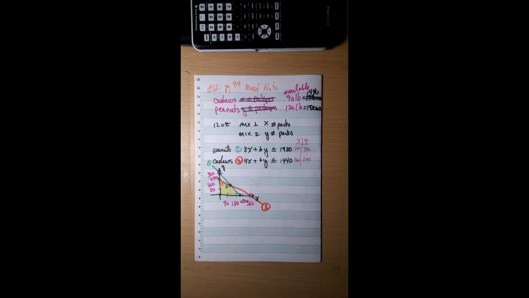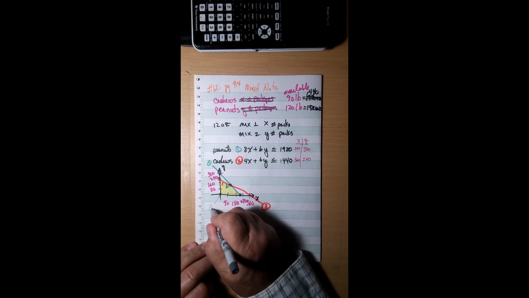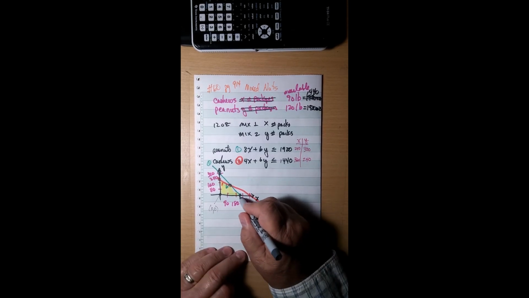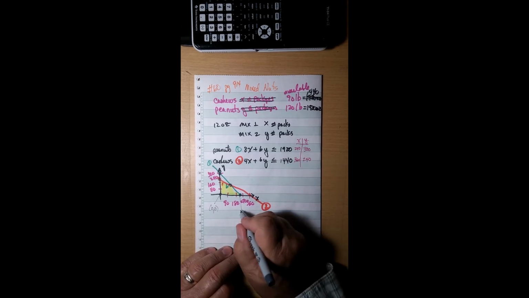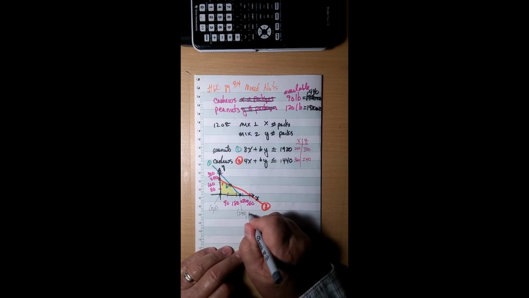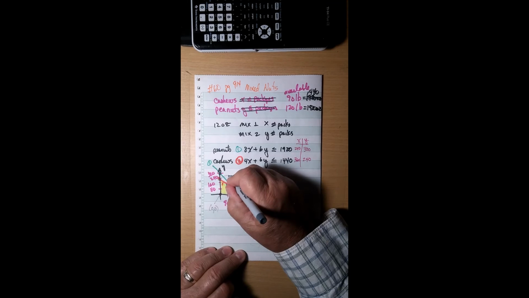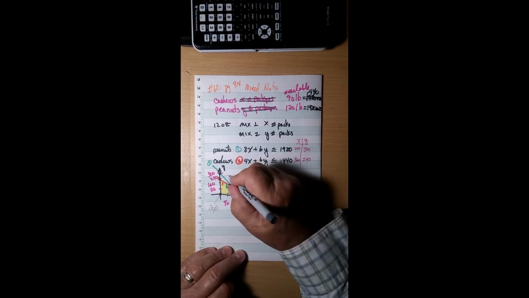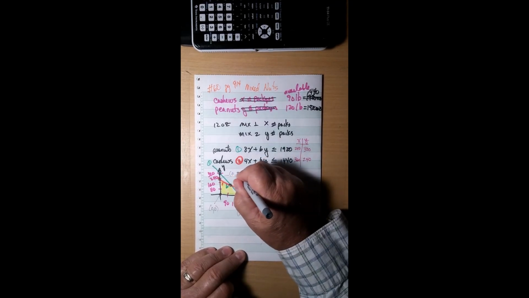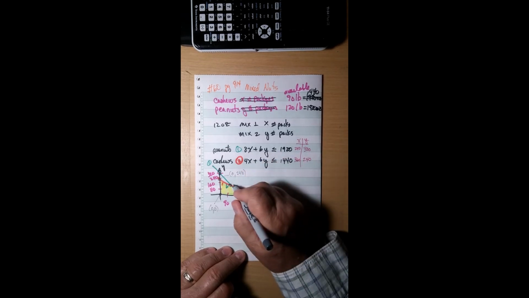And the vertices are 0, 0. This one, remember, it's the 240 for the X and 0 for the Y. This one, that is the 240 for the Y and 0 for the X.